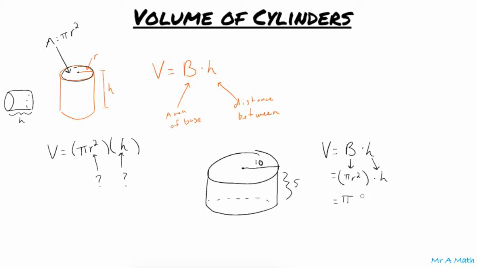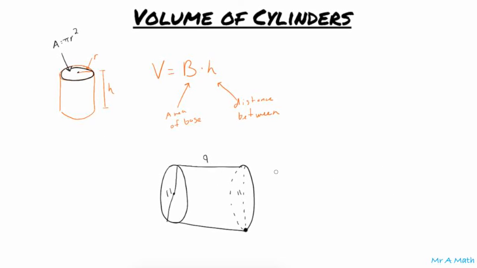It's pi times my radius, which is 10, squared, times my height, which is the distance between the bases, in this case 5. So when I punch in 3.14 times 10 squared, which is 100, times 5, I get 1570. Okay, let's look at one more example real quick.